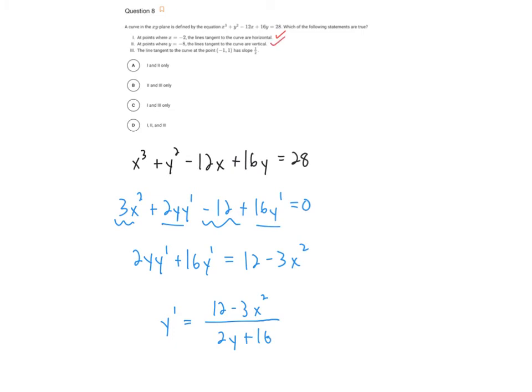Okay, and then the line tangent to the curve at the point -1, 1 has slope a half. So here we'll just plug in -1 and 1. I'll use this notation, -1, 1. Remember, anytime you have an expression, a vertical line, and then either a point or x equals something or y equals something, it just tells you that whatever's here, you're going to plug in here.